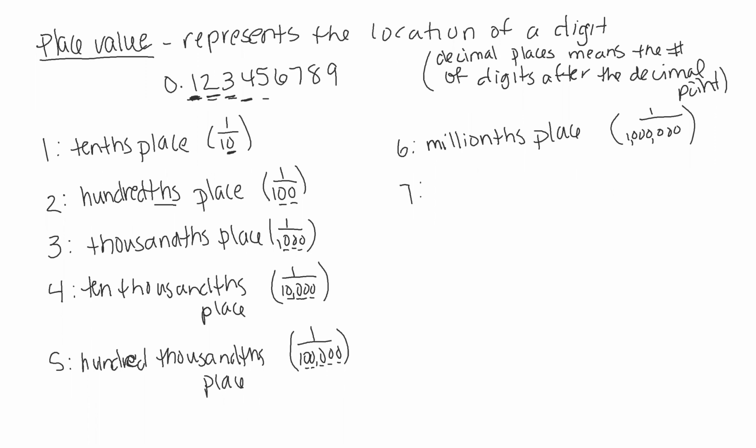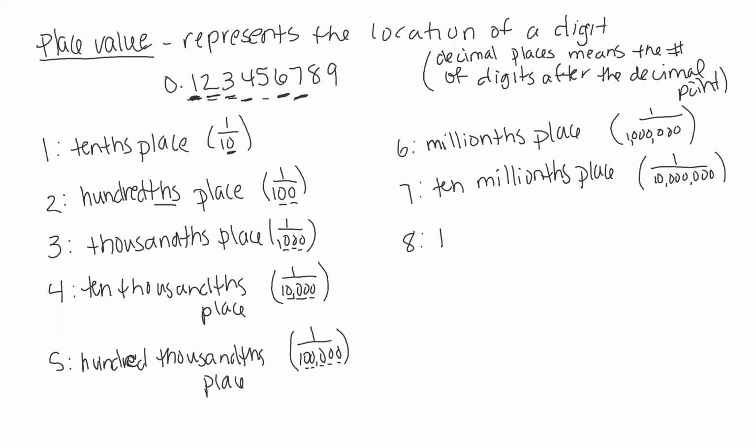So 6 zeros here, 6 decimal places in. Now, 7 is 7 decimal places in. The power of 10 that has 7 zeros would be the 10 million. So this is the 10 millionths place. So it does coincide with 1 over 10 million. Notice I've got 7 zeros and I'm 7 decimal places in.